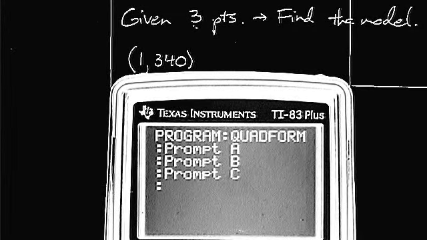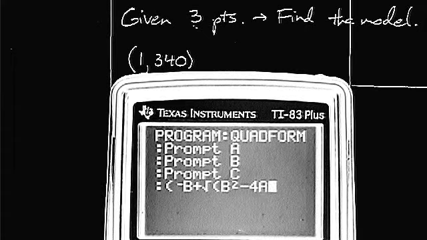So now we are going to actually calculate something. We're going to calculate one part of the quadratic formula. So I'm going to use parentheses. The opposite of B plus, we'll do the minus part next, the square root of B squared minus 4 times A times C. Now remember, every time you want to activate one of those letters, you have to use the alpha button right before you change it.